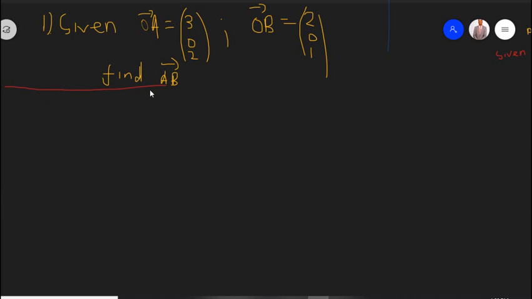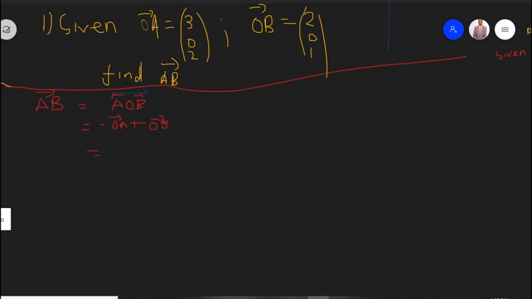Let's have an example for calculating displacement vector. We are given OA is equal to 302, OB is equal to 201, and we are asked to find AB. I can write AB, then write AOB, and the blue arrow and two opposite red arrows. I'm going the opposite direction to the blue arrow for OA, so I can write minus OA, and the other is going the same direction as the blue arrow, so it's plus OB.